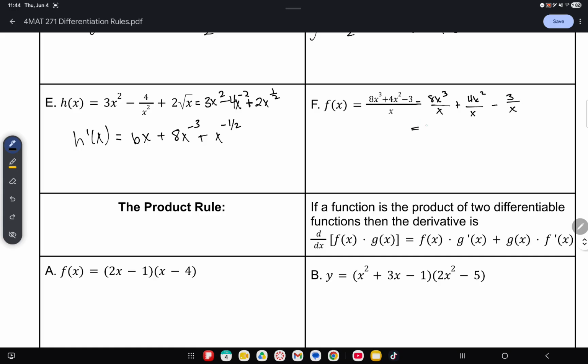And then I can do some simplifying. So really that's 8x squared plus 4x and then minus 3x to the negative 1. Now I can do a derivative easier with the power rule. So I got 16x plus 4 plus 3x to the negative 2.